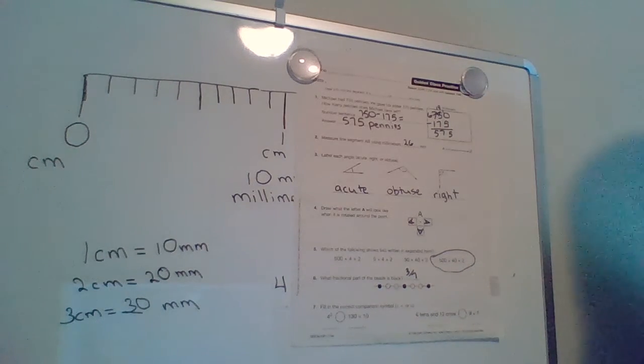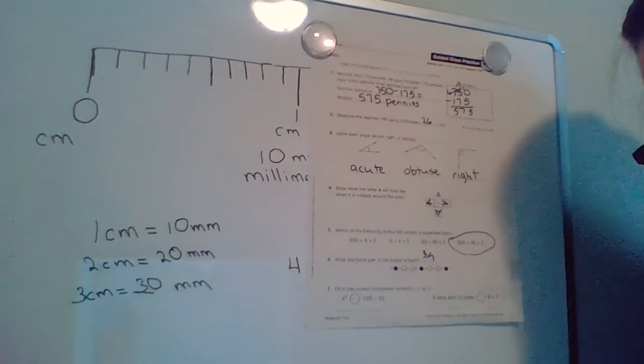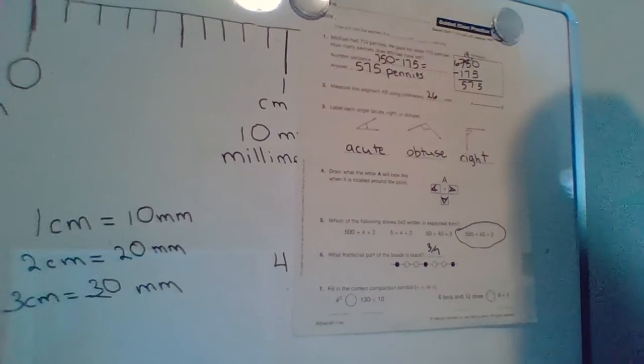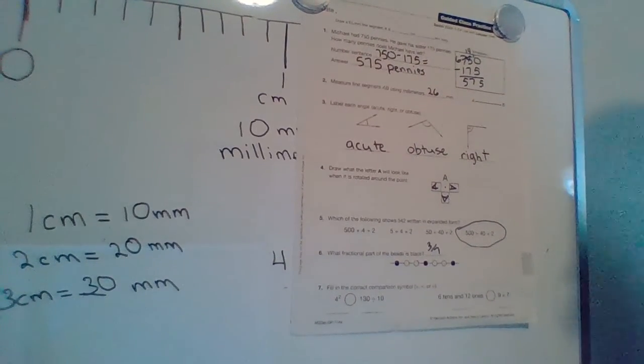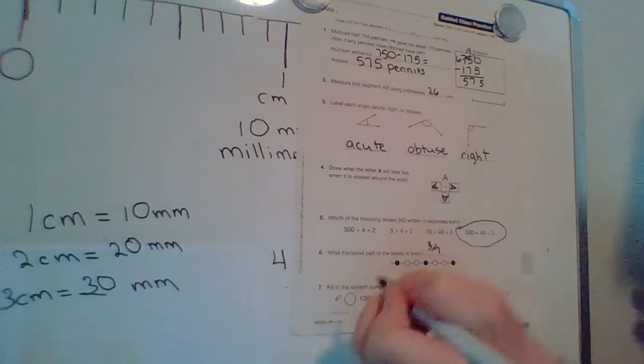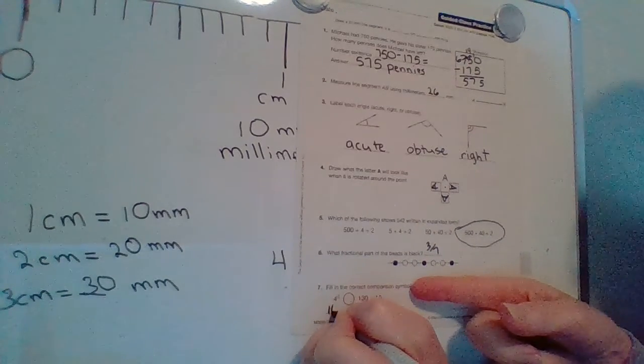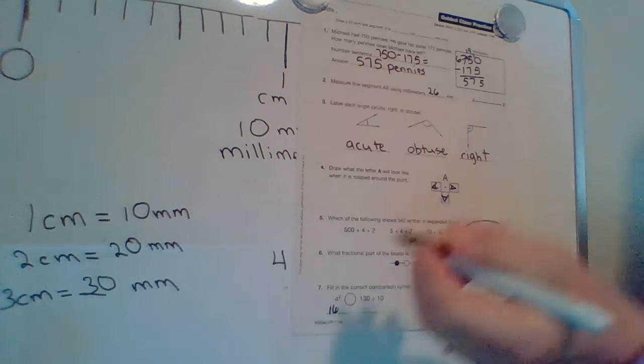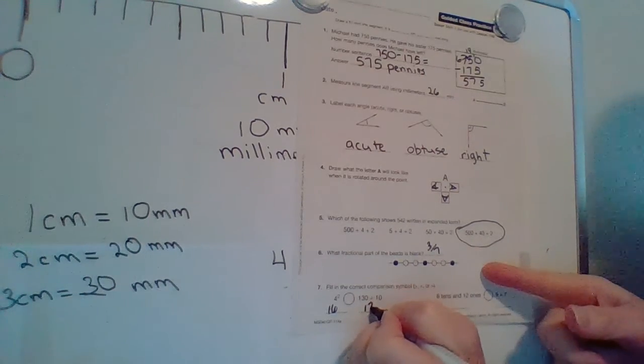Okay, now we're going to fill in the correct symbol. Okay, the first one is 4 squared. Now, my friends, that is not 4 times 2. That is 4 times 4, and that is 16. And then you're dividing that, and you will get 13.